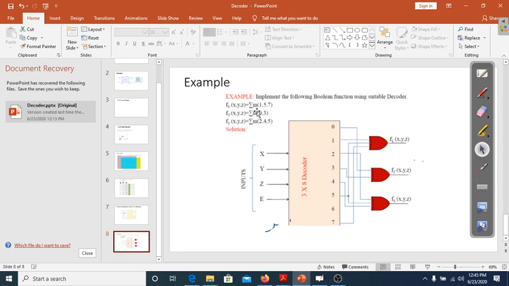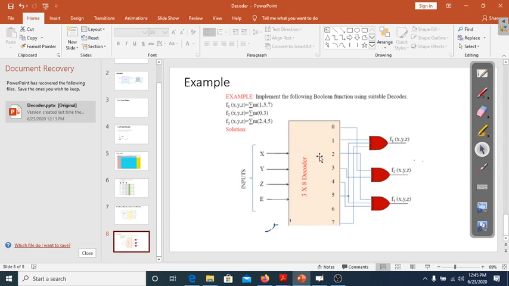In the standard form, f1 is equal to 1, 5, 7, f2 is equal to 0 and 3, which are the minterms, and f3 is equal to 2, 4, 5. You already know this standard form to write SOP, sum of product. So here I'm using OR gates. These are the OR gates.